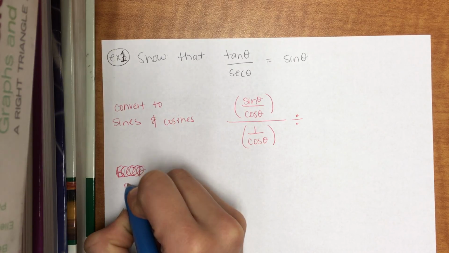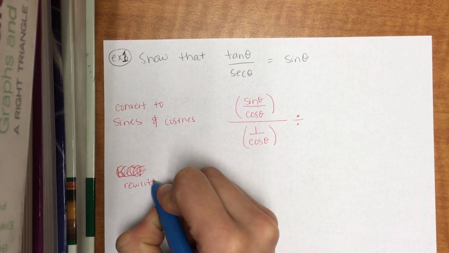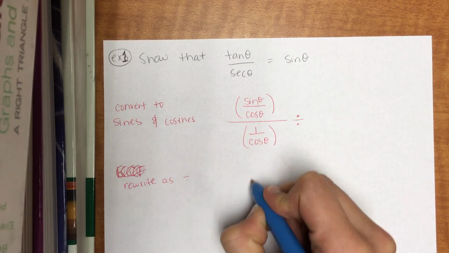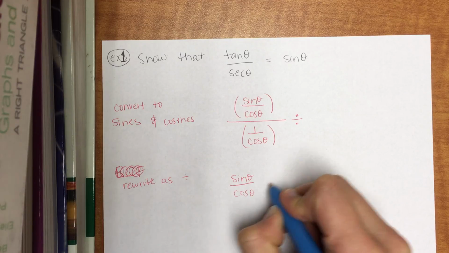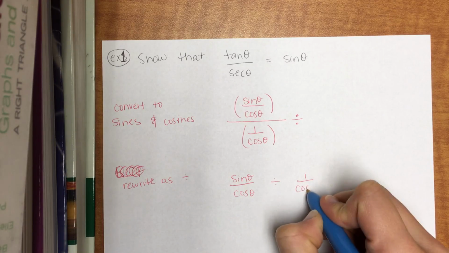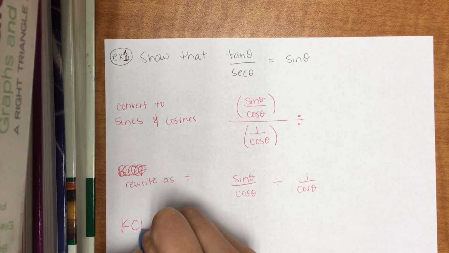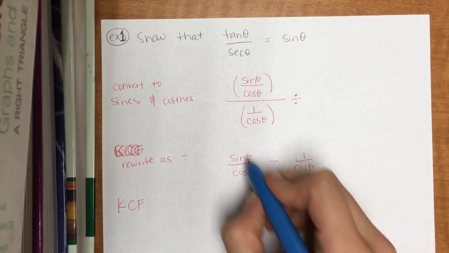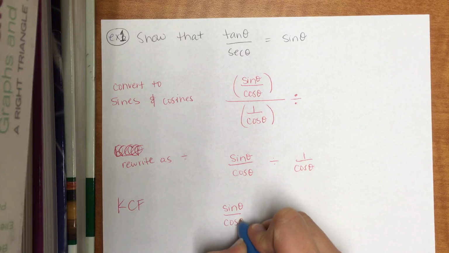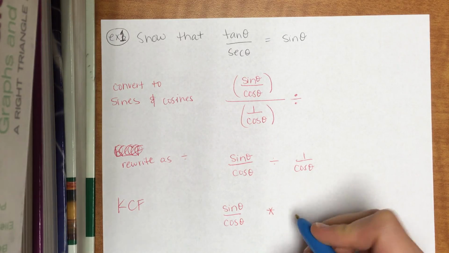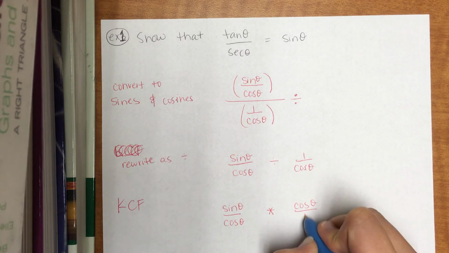It may help to rewrite as division, just in case you've never seen this before. So if I rewrite it as division, I'll have my top fraction divided by my bottom fraction. Okay, and now I can keep, change, flip. So keep your first fraction or your top fraction as it is. Change division to multiplying and flip your second fraction.